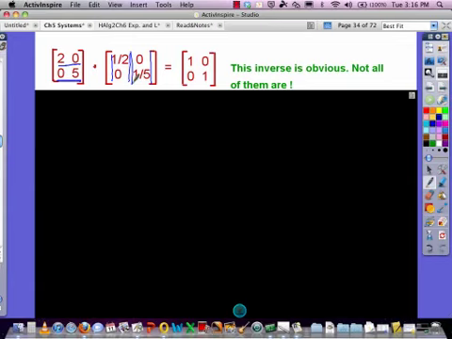If when we multiply two matrices, and we can call them just A and B, A times B equals the identity, then we say we have inverses. So this inverse is obvious. The scale change matrix of 2, 5 in the first matrix and the scale change matrix of 1/2, 1/5, those two movements are inverses of each other. But not all matrices are like that, so they will not all be done that way.